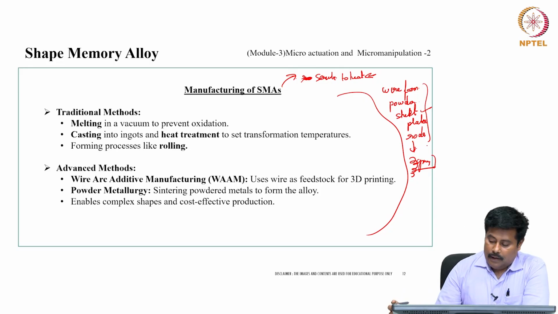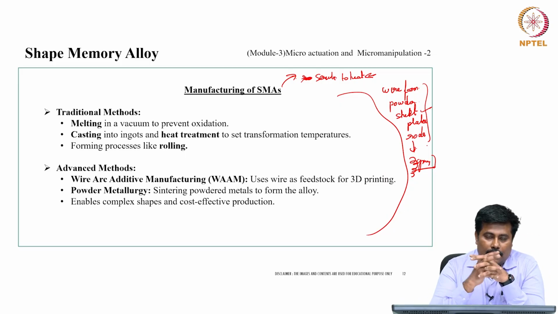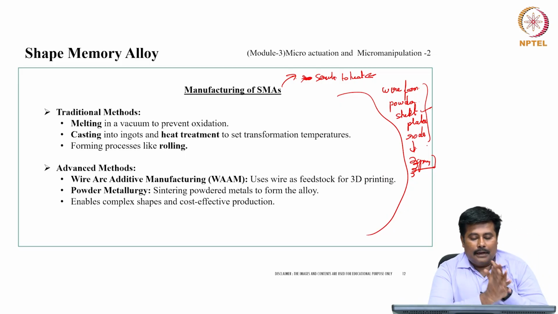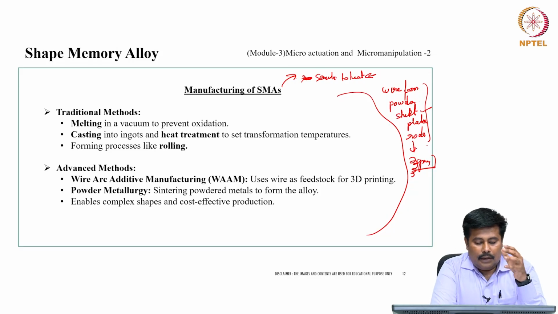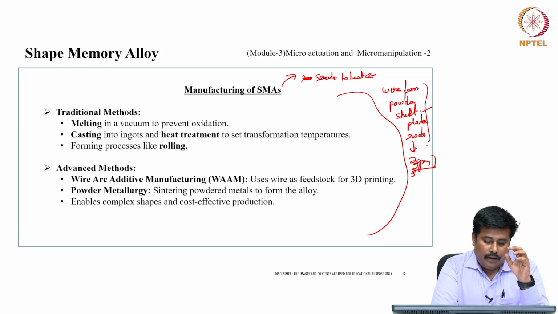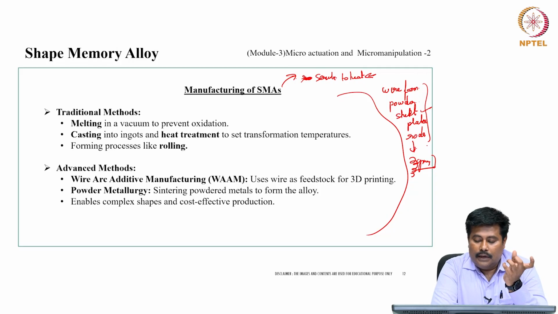Now, from a traditional point of view, as we have seen, these structures are melted in a vacuum to prevent oxidation, and after melting, either it goes for casting in the form of an ingot, and in certain cases it also goes for a heat treatment to set the transformation process.